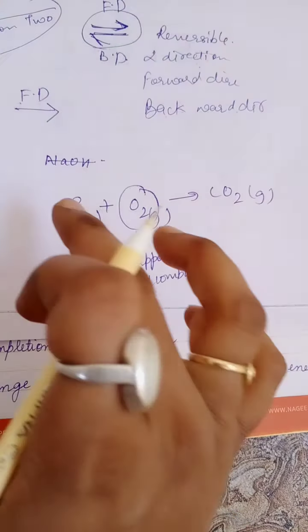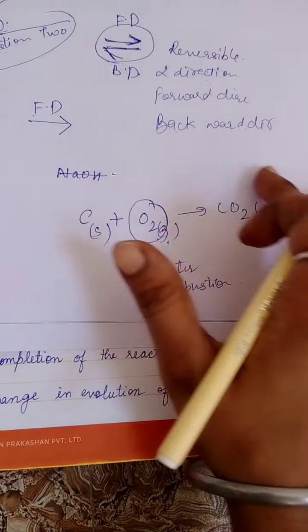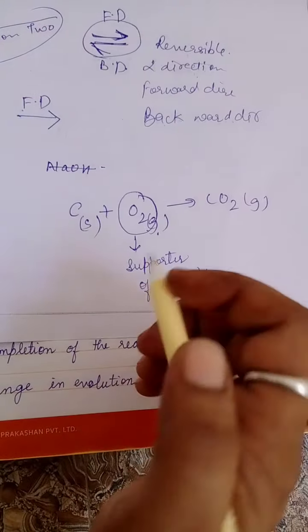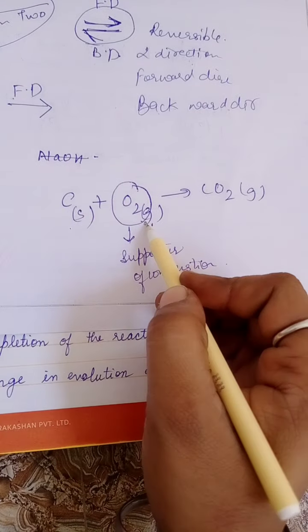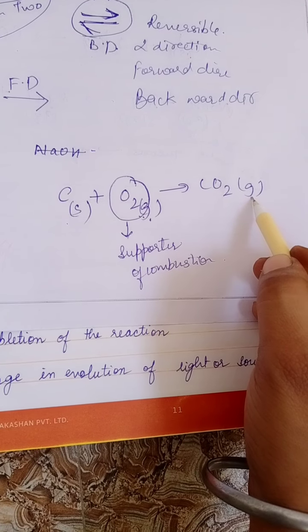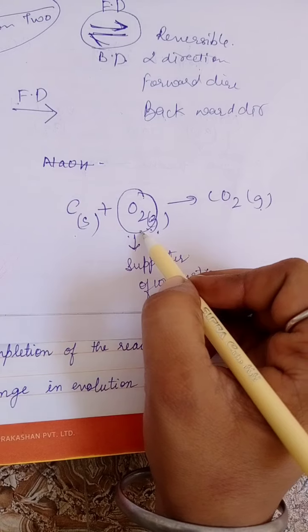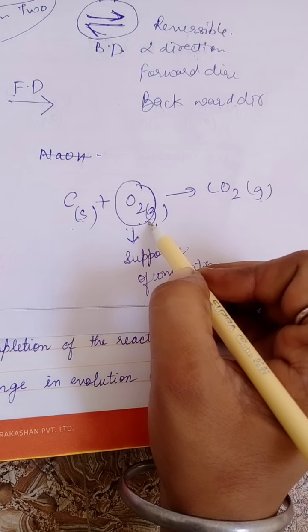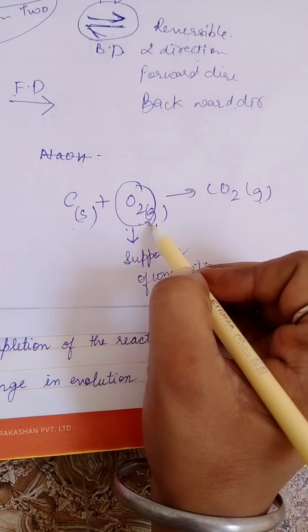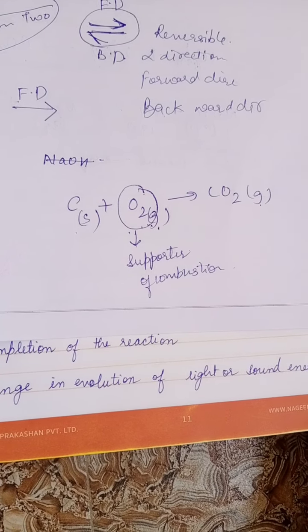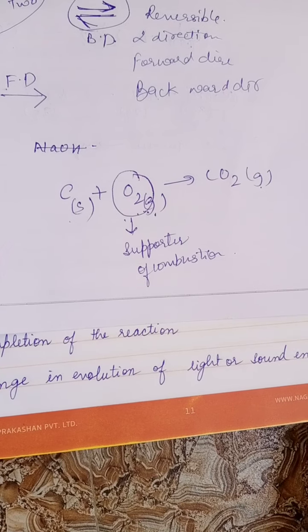So this equation is an example of a combustion reaction, in which carbon is reacting with oxygen to produce CO2 gas. Can you tell me what is the amount of air being used up while burning any substance? Suppose I take a simple piece of paper and start burning it.